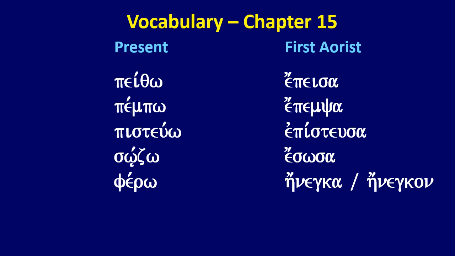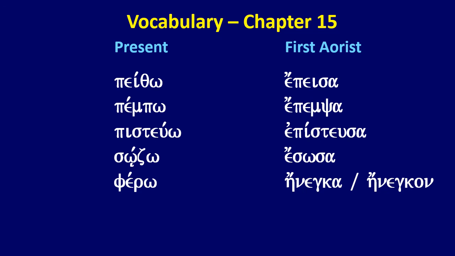And our last vocabulary words are peitho, meaning I persuade. By the way, this is often sometimes used as a synonym for believing. When you are persuaded, you are convinced of something and thus you believe it. So for example, in John 3:36, the negative form is used there of disbelieved. And the idea seems to be to reject something.